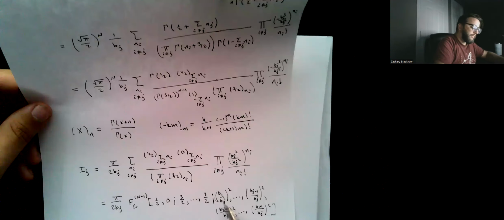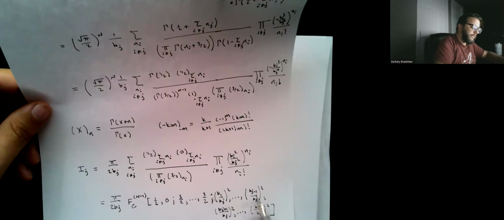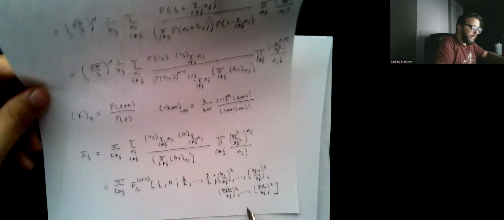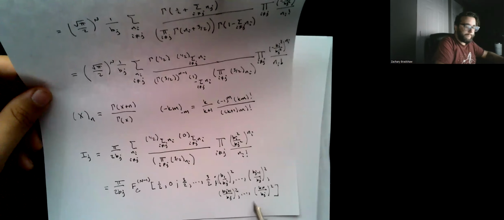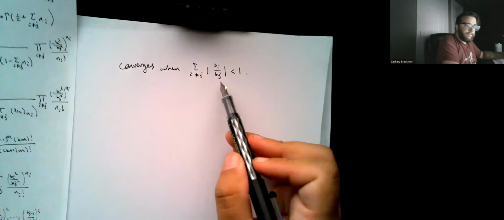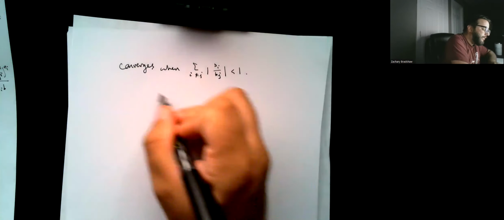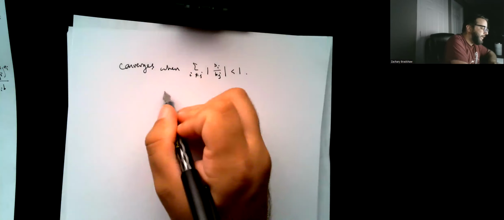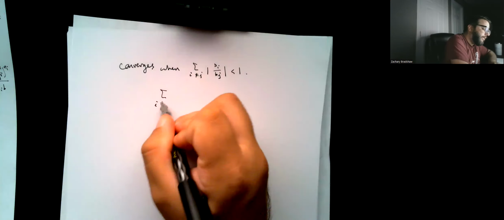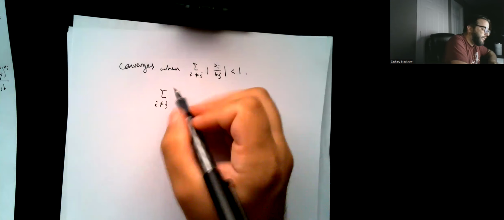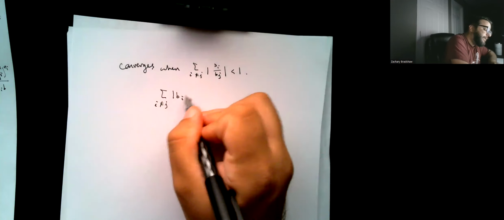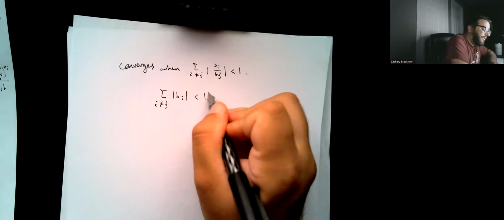Okay, so it's the sum of the square roots of these last terms here. So this converges when this is less than 1. Well, another way to write that is it converges when the sum over i not equal to j of the absolute value of bi is less than bj.